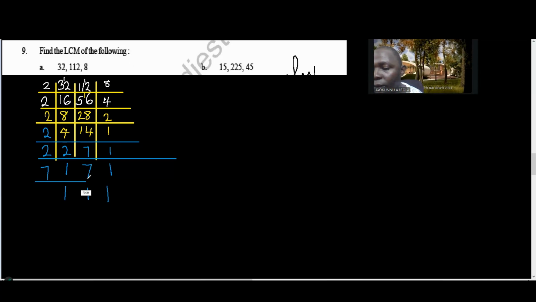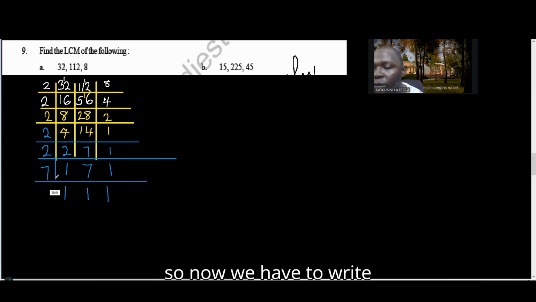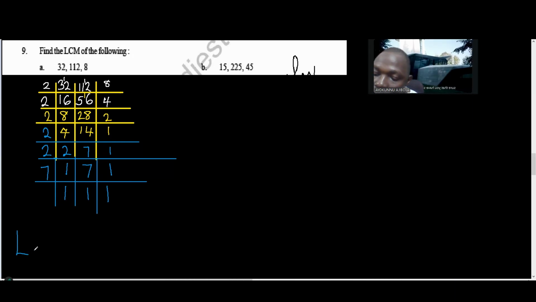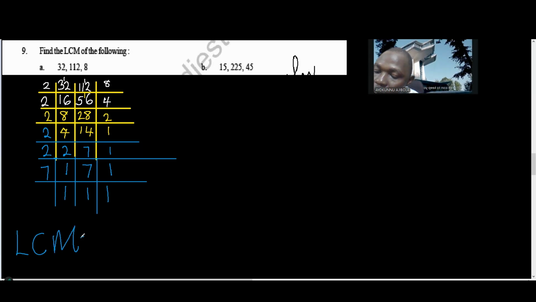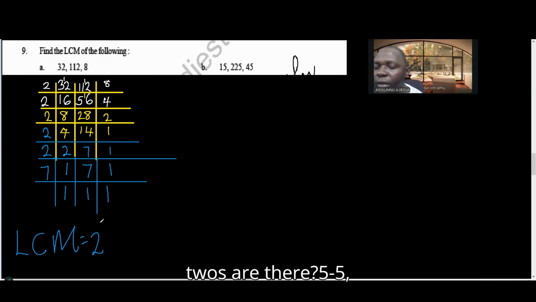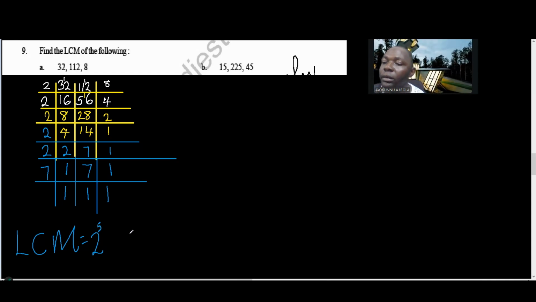Okay. So now we have to write out everything multiplied to get the LCM. How many 2's are there? 5. 2 raised to power 5 times 7.